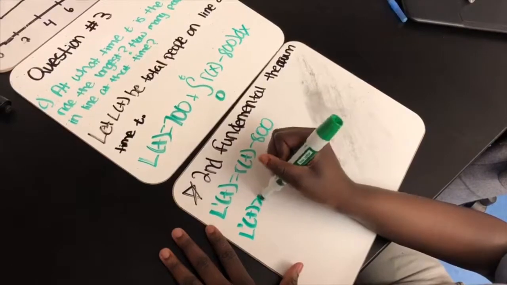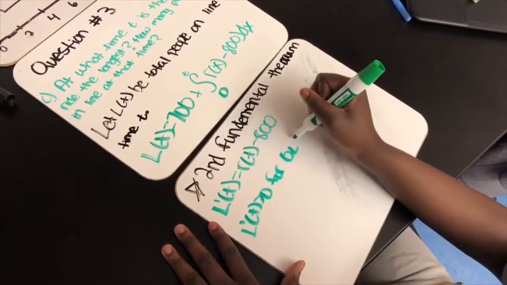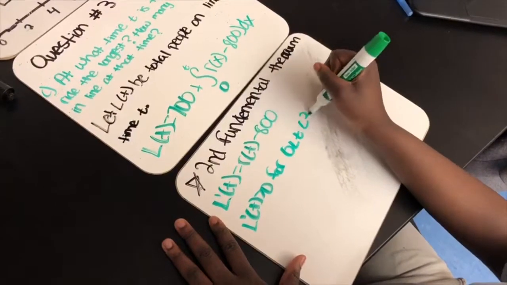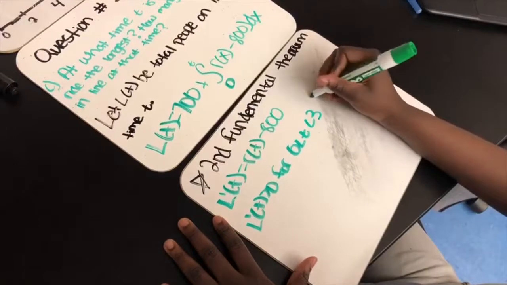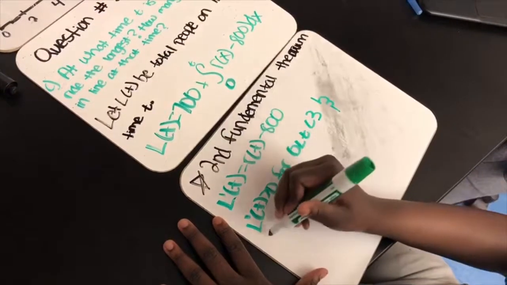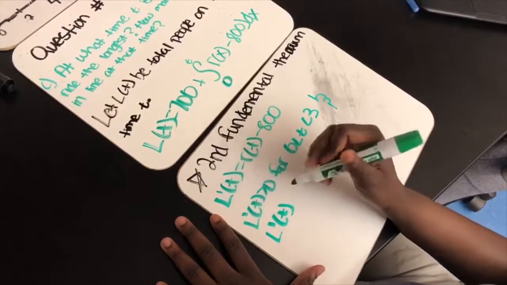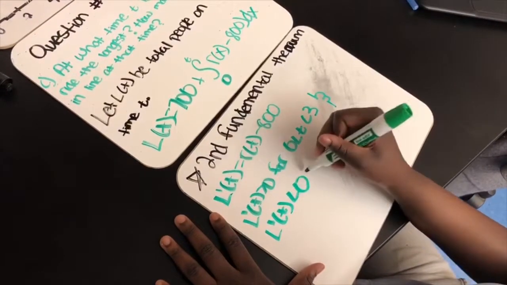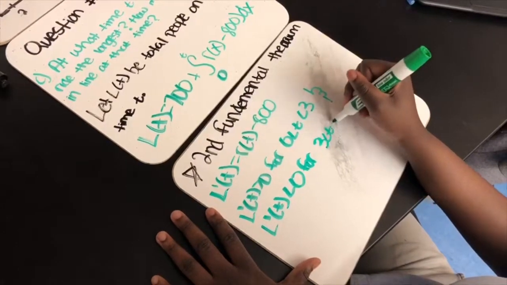So L prime of t is greater than 0 when R of t is greater than 800, from t equals 0 to t equals 3. And L prime of t is less than 0 when R of t is less than 800, from t equals 3 to t equals 8.